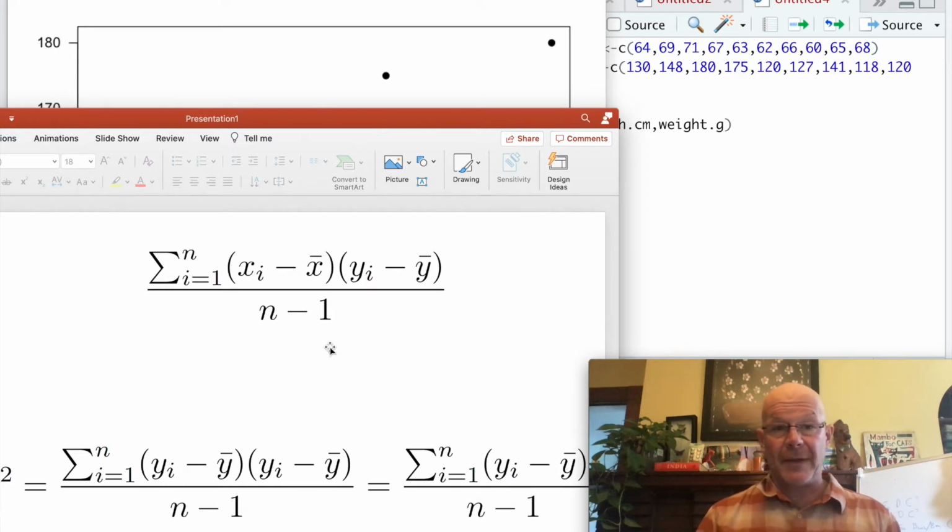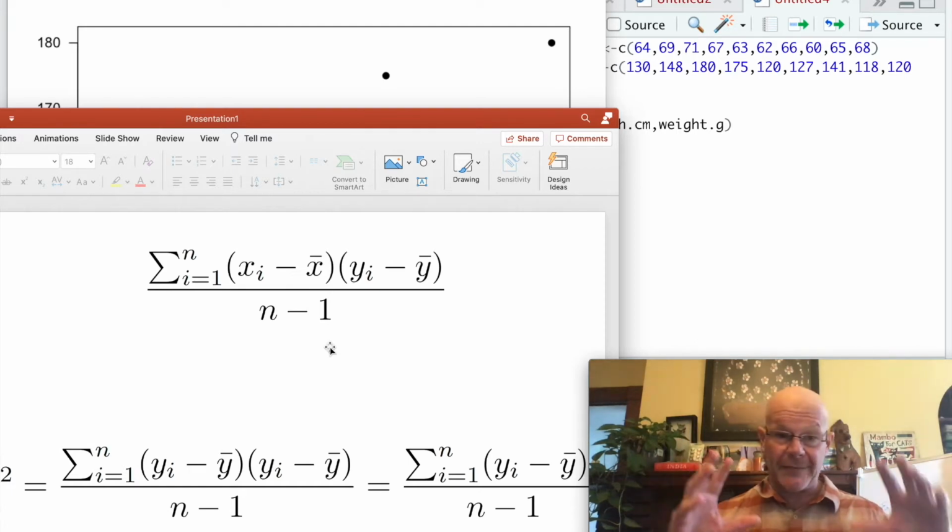We're doing n minus 1 because we had to use all of those bivariate points to calculate the perfectly average individual. So we have one reference point that we're comparing all these other points to, but the only way we created that reference point was to use all the data, and so we're losing a degree of freedom.